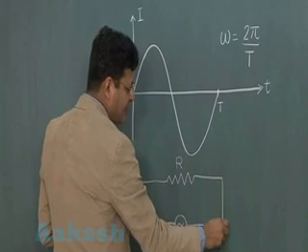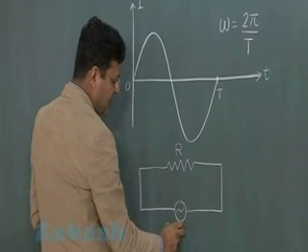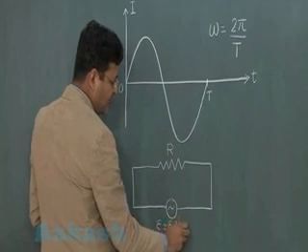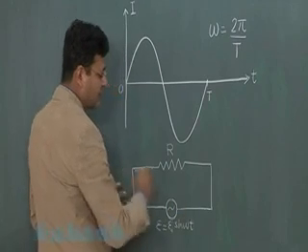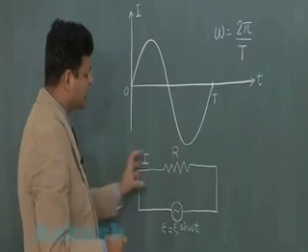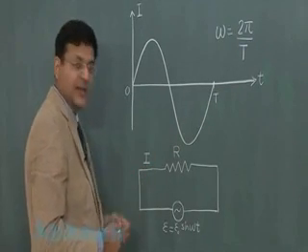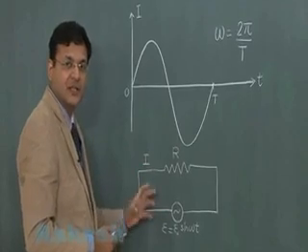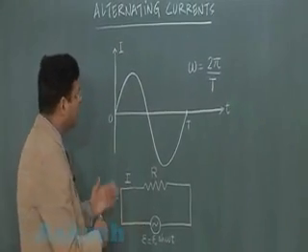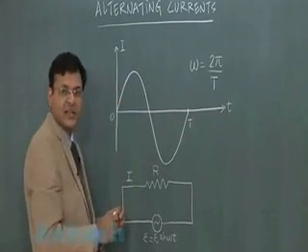The alternating EMF was denoted as E naught sin omega t, and that was getting converted into current which is flowing through this resistor. Here you cannot show the direction of the current. In the alternating EMF you cannot show the direction of current or EMF as you are showing in direct current, because here all the time you can see the current is changing its direction as well.